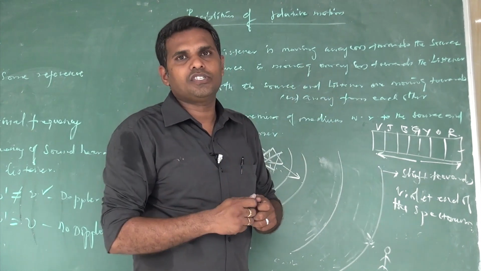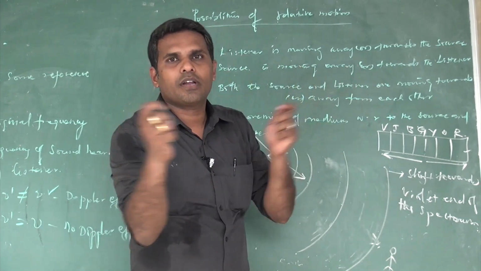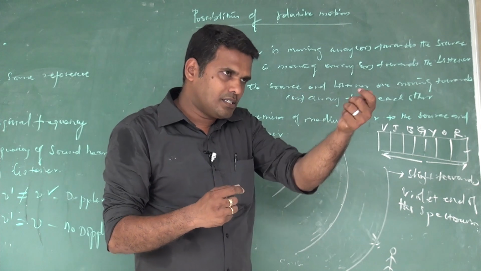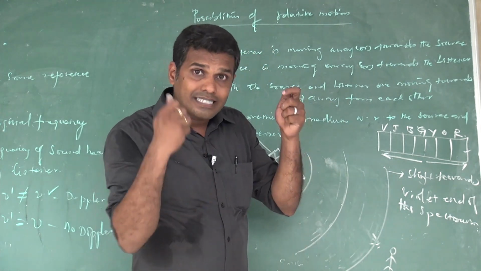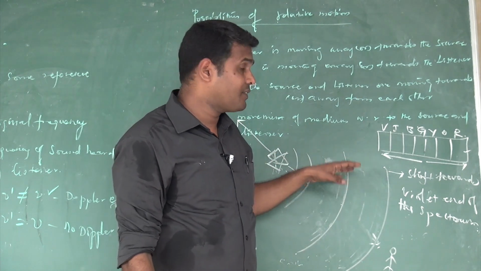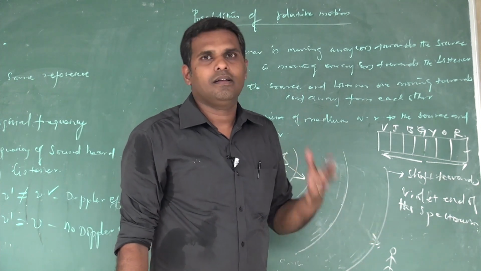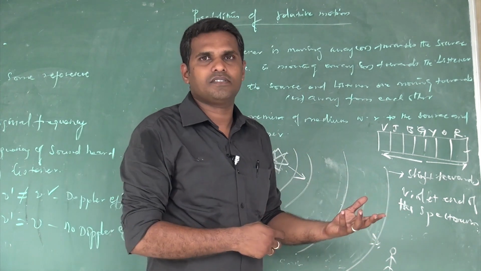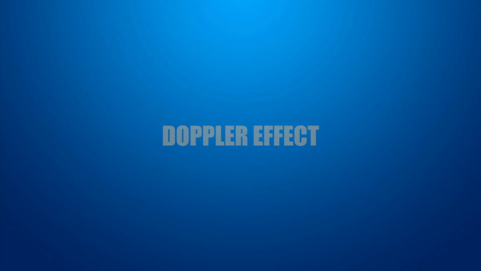If you observe the twin stars, they are rotating about a common center of mass, so one star will be moving towards us and another star will be moving away from us. This can be identified with the help of the Doppler shift. So Doppler shift in light is also very important in explaining the positions of stars and in explaining the universe.